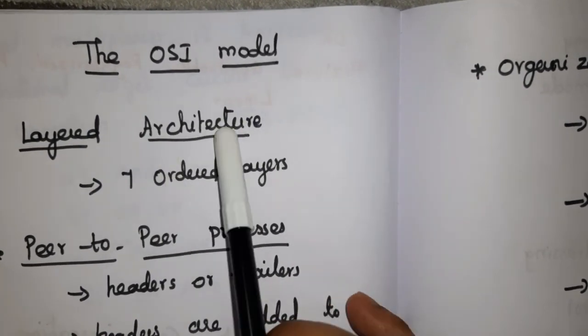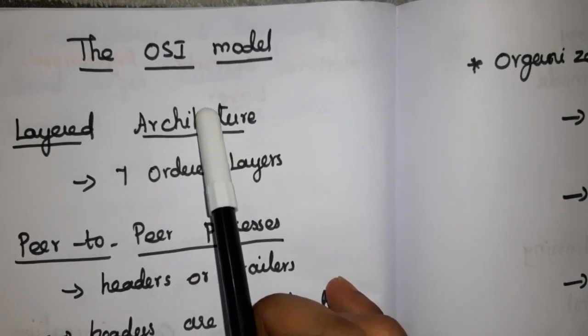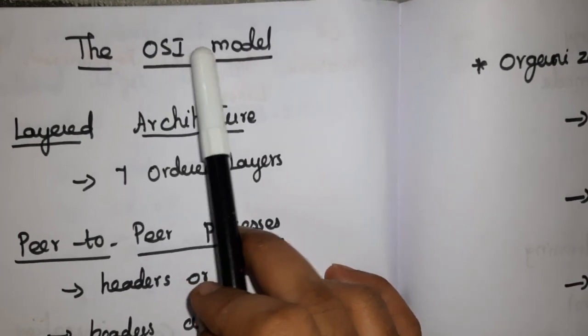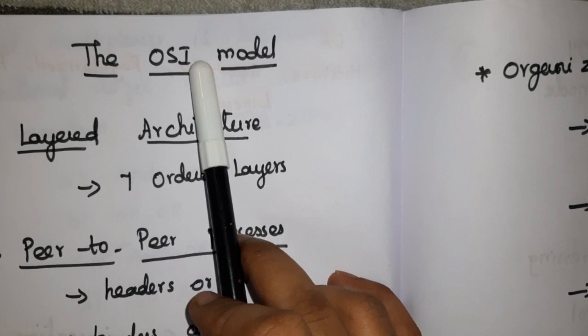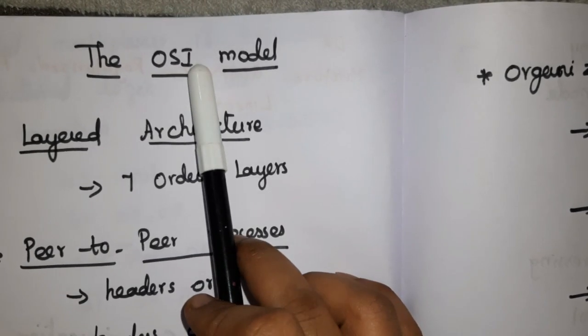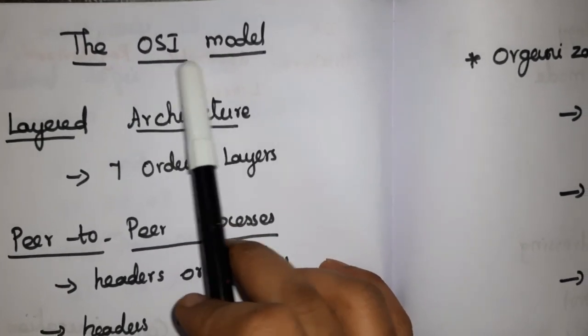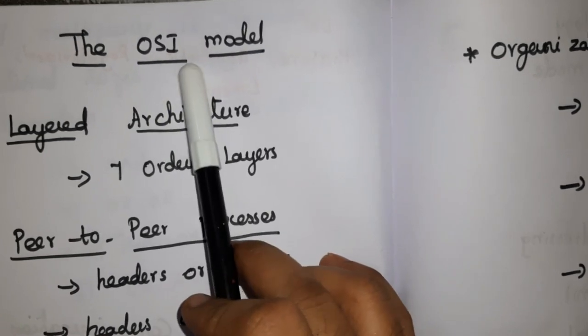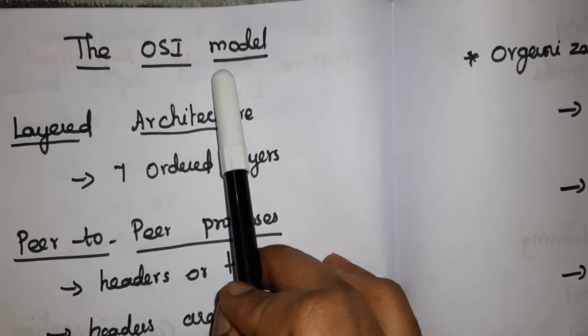OSI means Open System Interconnection model. This is an open system that allows any two different systems to communicate. So this OSI model is used to communicate data between two different devices.